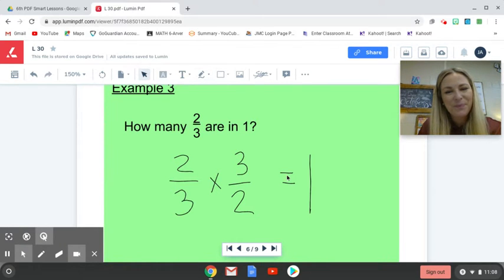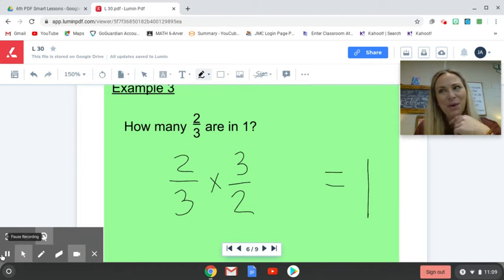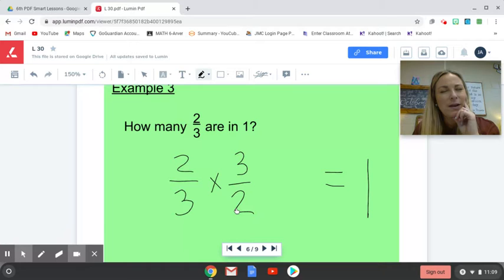But I challenge you, instead of writing 3/2, there's a better way to write that number, right? Because there's a more advanced way to write an improper fraction. We're going to turn this into a mixed number.